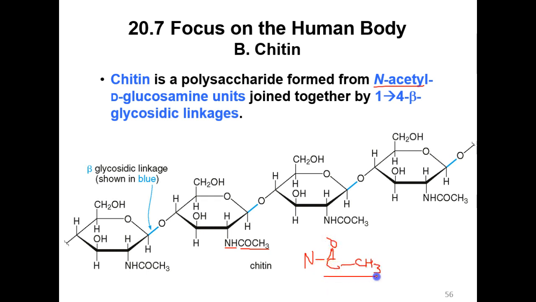All your N's have that group on them. It's a D sugar, so obviously the OH is on the right side, and it's a glucosamine. Glucosamine, you've probably heard of that, is basically a glucose molecule that has an amine group at carbon 2.